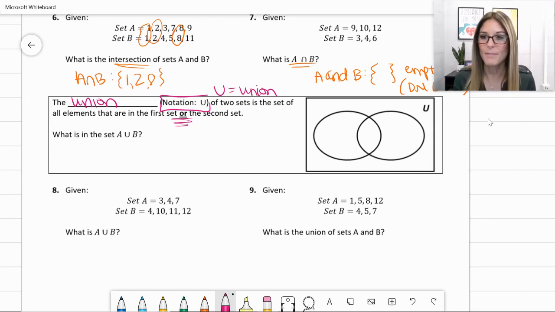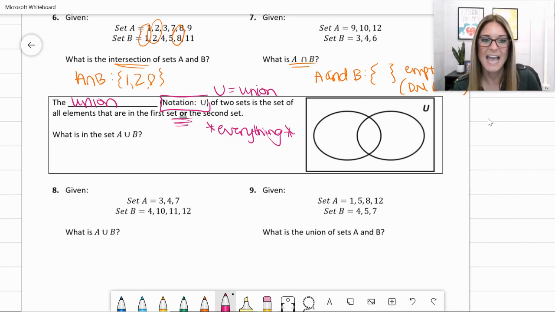So when two people get married, now they share everything. What was his or hers, it doesn't matter. Now that there is a union, they share everything. And that's what that definition is saying. It's saying whatever was in set A or set B. So everything. So union is everything.